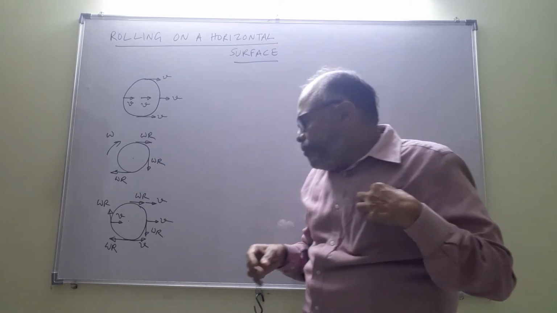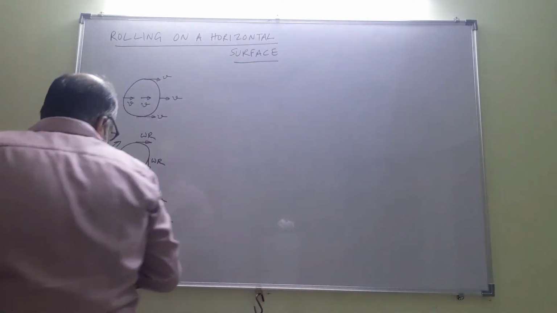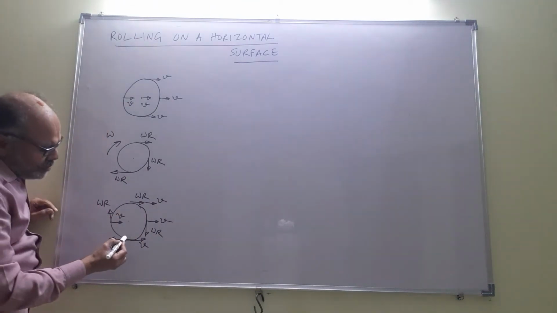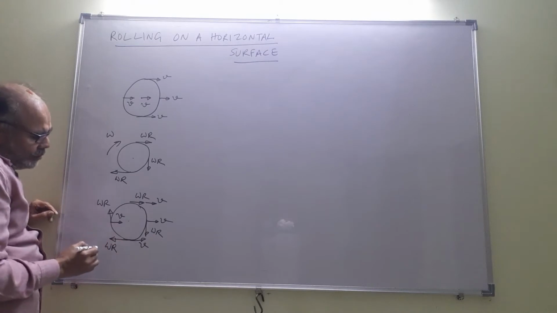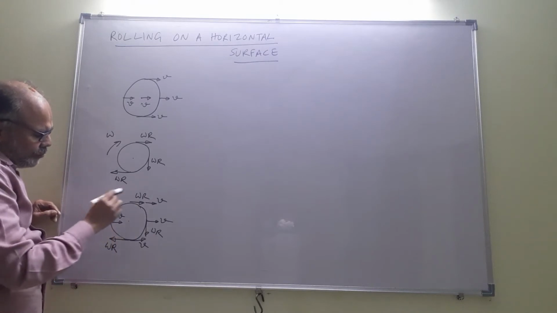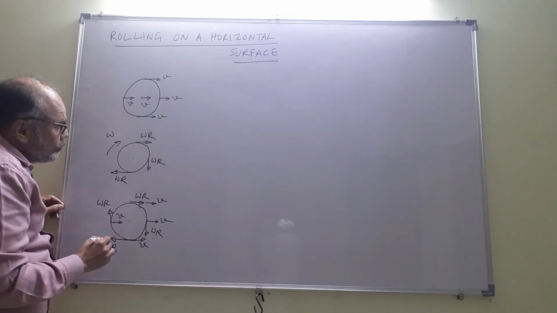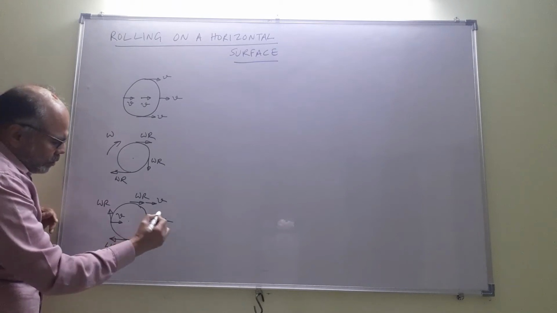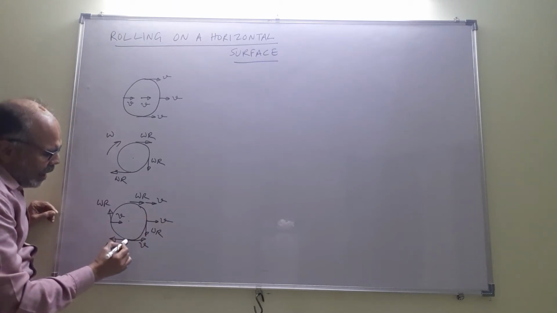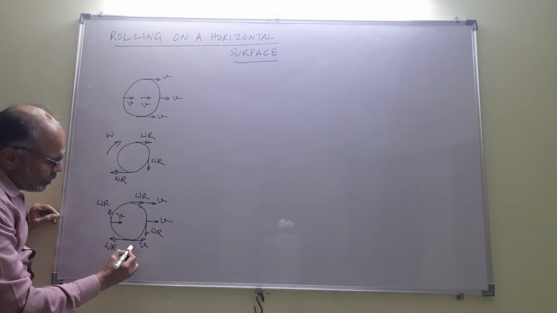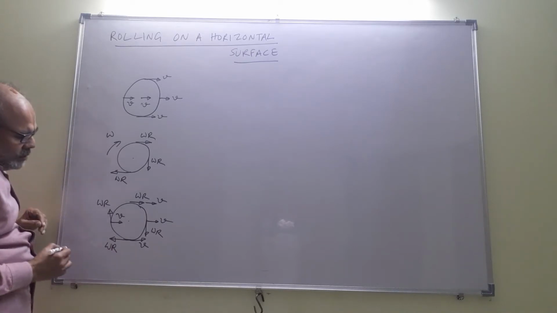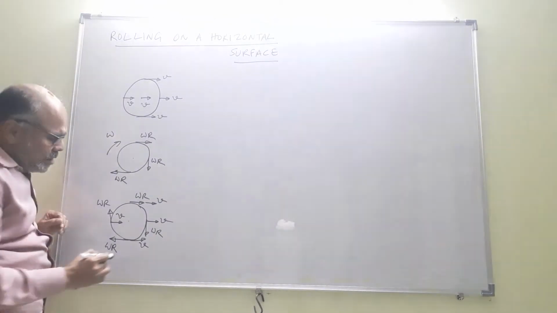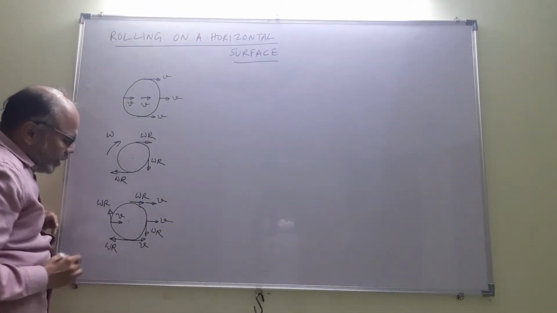So, now let us come back to the situation where the bottommost point, the instantaneous point of contact of the circular shaped body, has a resultant velocity which is the vector sum of v and omega r. Three cases would arise. v could be greater than omega r.